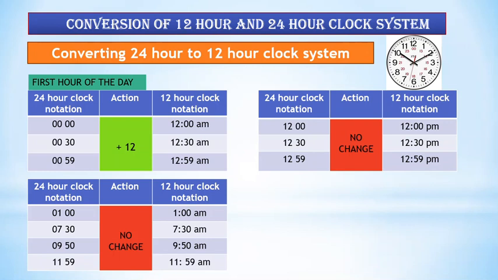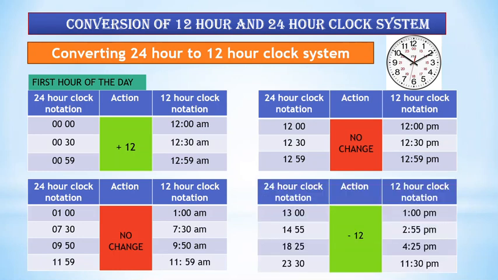We will keep the numbers same. Do not forget to write PM as time is after 12 noon. In the last group of numbers that shows time from 1300 to 2359 hours in 24-hour clock notation, we subtract 12 to get answer in 12-hour clock notation.